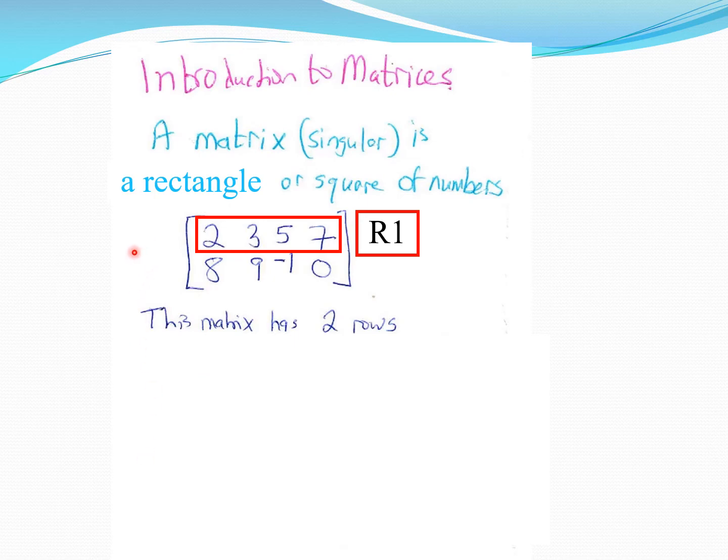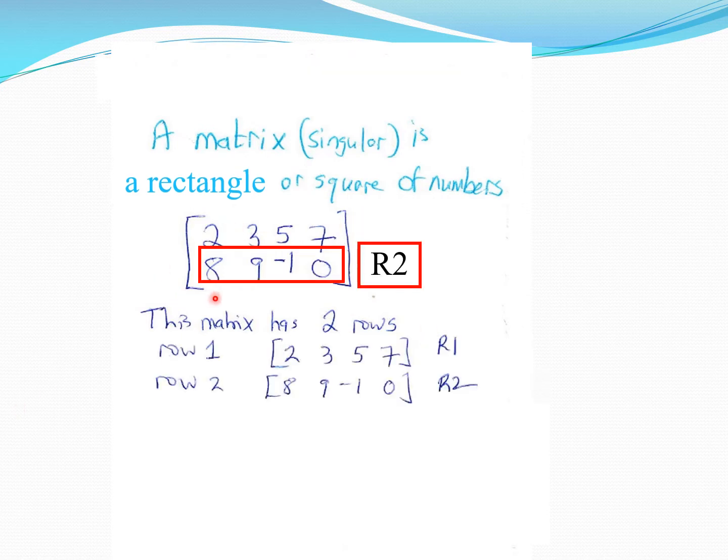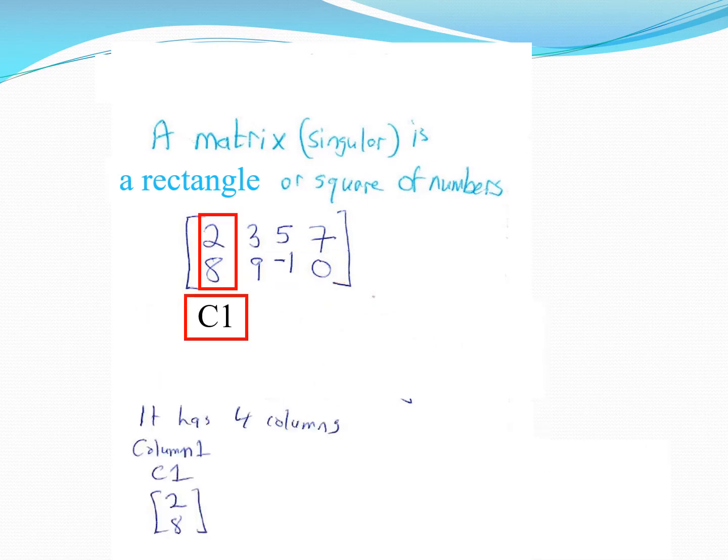So as we said, here is row 1. Row 1 of that matrix has 4 numbers, 2, 3, 5, and 7. Likewise, row 2 has got 4 numbers, 8, 9, minus 1, and 0. The matrix also has got columns, like pillars when you look down the ways.